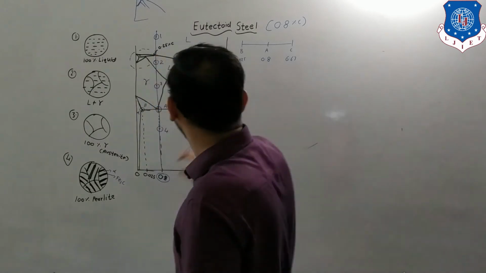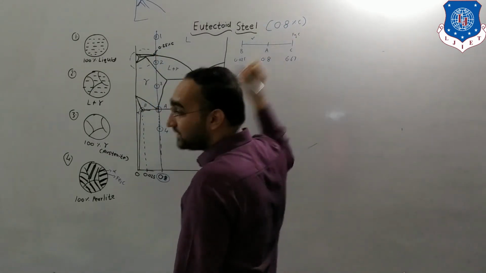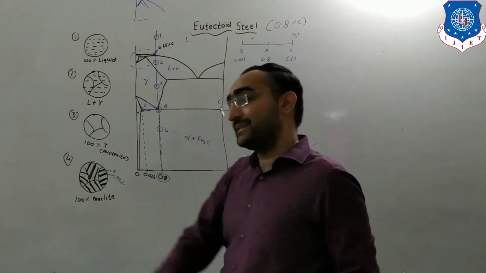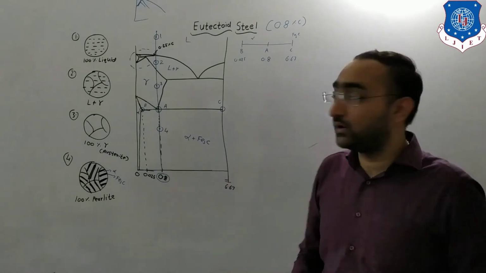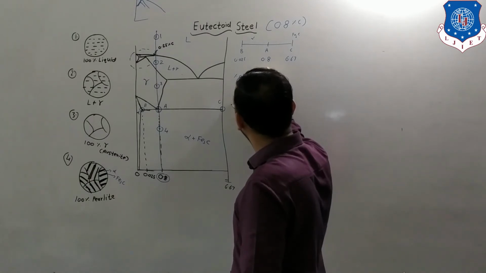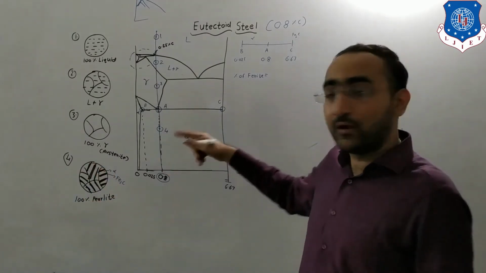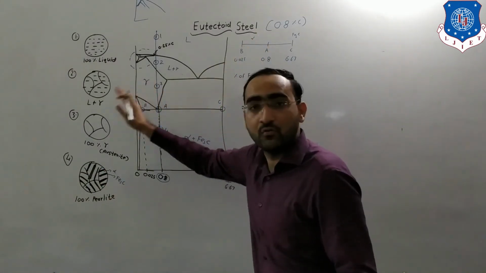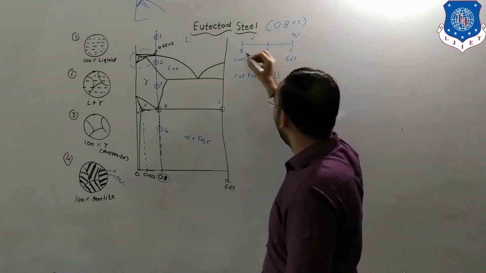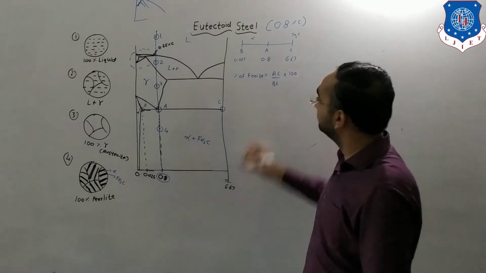Now, as you know, here there is an alpha region, and here the Fe3C region is there. For that, we apply the lever rule, the same lever rule, over here. So for finding the percentage of ferrite, we have to go to the diagonal side. If ferrite is present over here, you have to go to the opposite side, that is AC divided by the total BC, multiplied by 100.